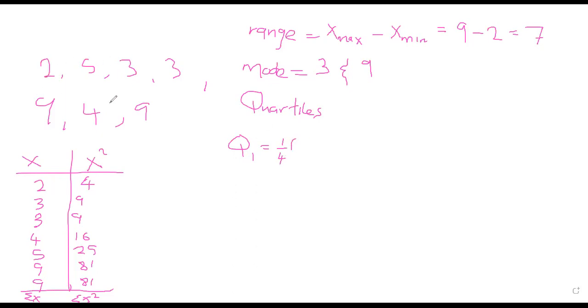How many do we have? 7. So 7 plus 1? 8. And a quarter of 8 is what? 2. So in that order, which one is the second number? 3.